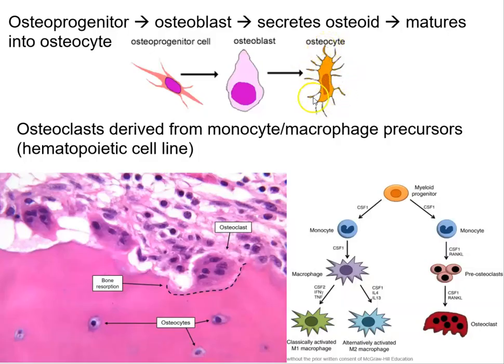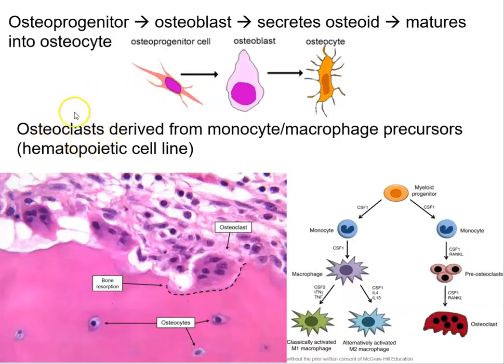Okay, and then an osteocyte does not build bone. It is a mechanoreceptor that picks up the different stresses and forces that are being applied to your bone. And it tells the osteoblasts or the osteoclasts to build or destroy bone based on where the stress and weight bearing is on the bone.